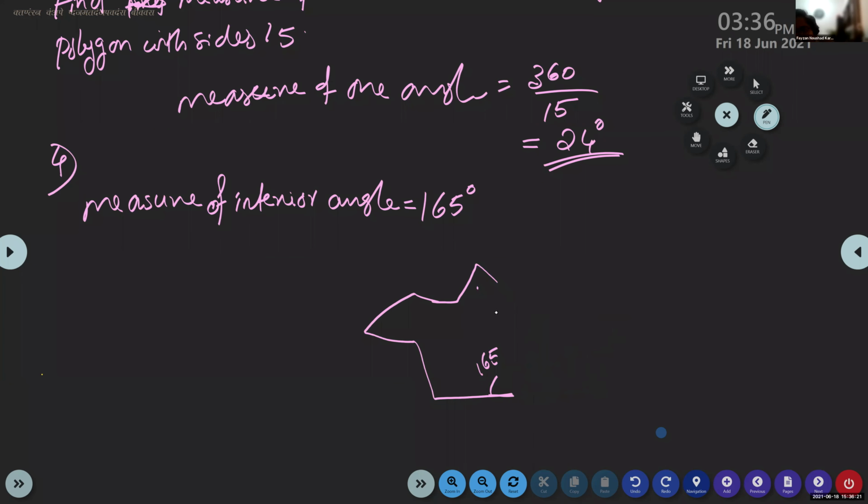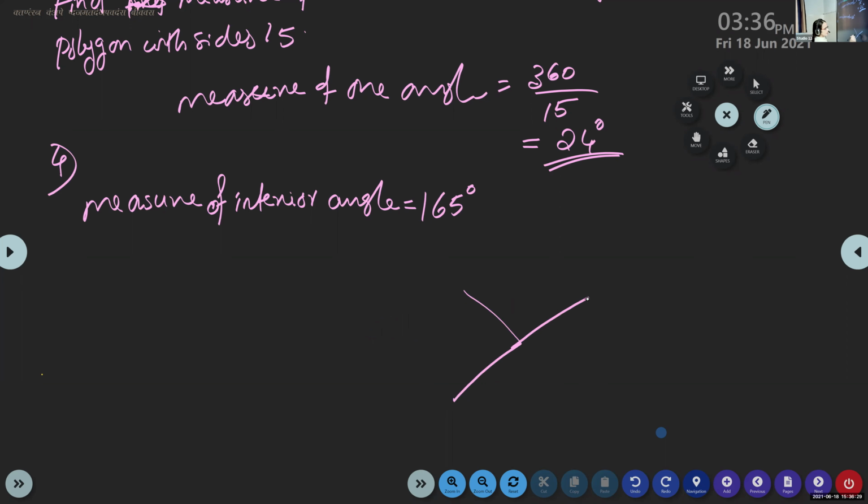Linear pair. Interior angle is 165 for any polygon. If the interior angle is given as 165, its exterior angle will be... we are not dealing with sum. We are just asking, if one interior angle is 165, its exterior angle will be what? 180 minus 165. Clear, all of you?